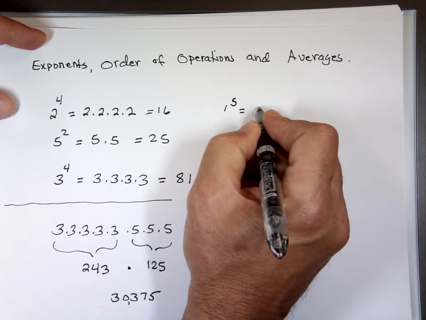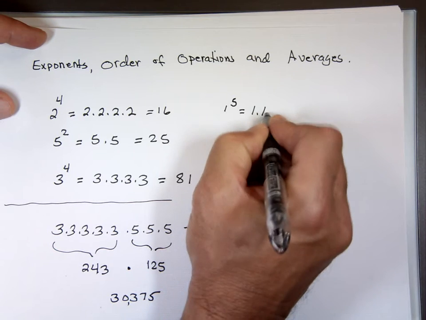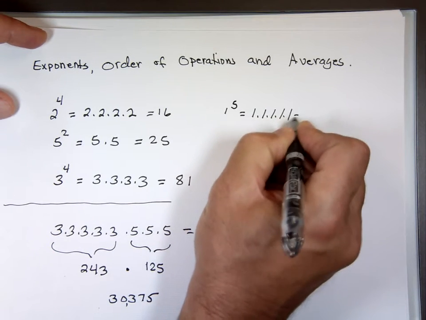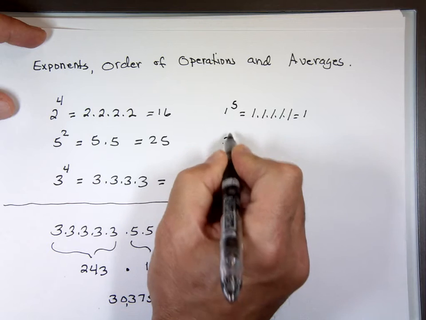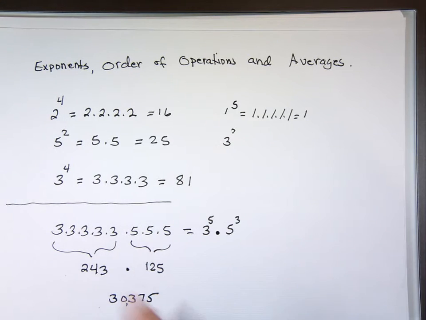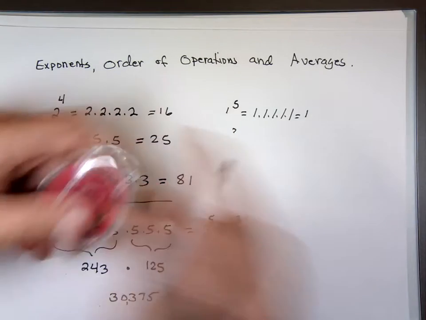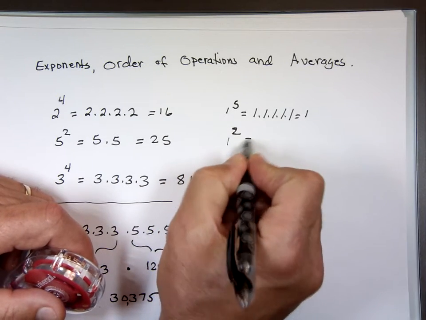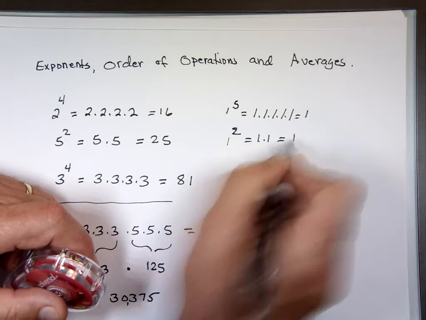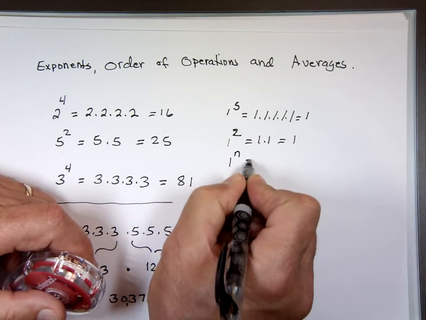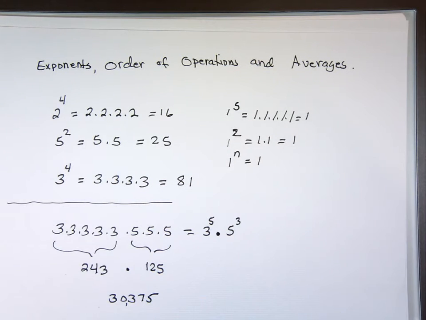No, 1 times 1 times 1, 5 times. Right? Which is 1. What's 1 to the power of 2? 1, I said. I wrote 3. What's 1 to the power of 2? Which is what? 1. So 1 to any power is really a 1. Doesn't matter what the power is, because 1 times 1 is many times.